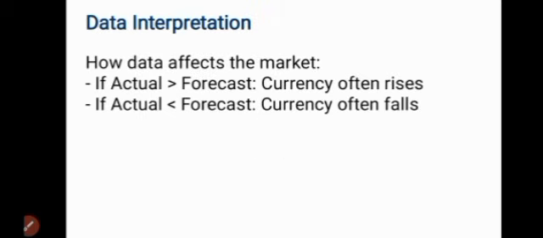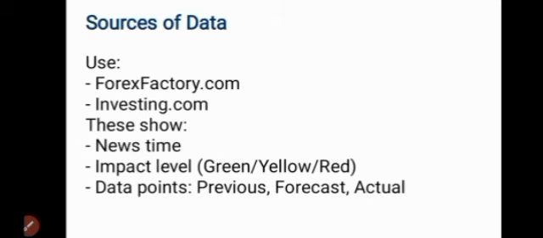The previous data is a measure of the data from when the news event occurred previously. The forecast is a prediction of coming data based on previous data.